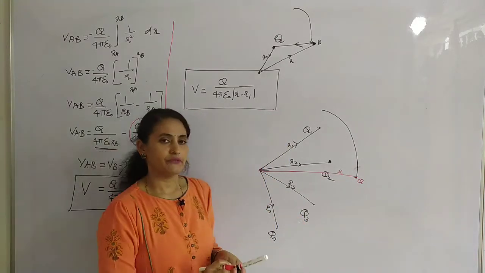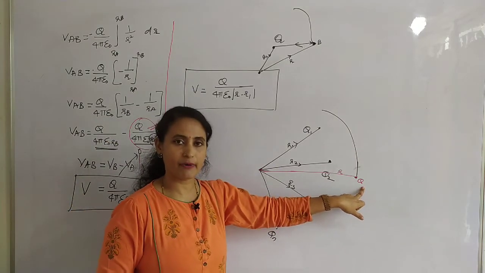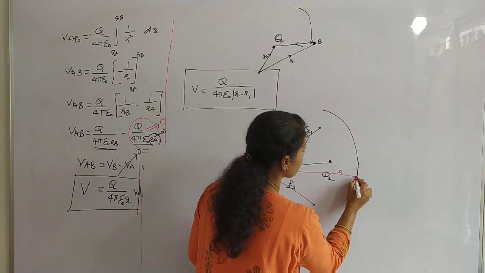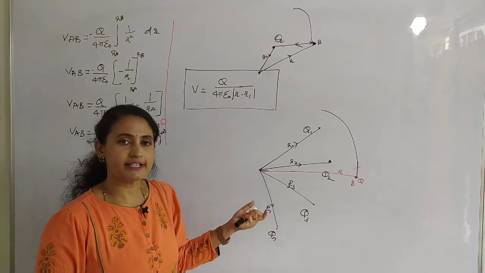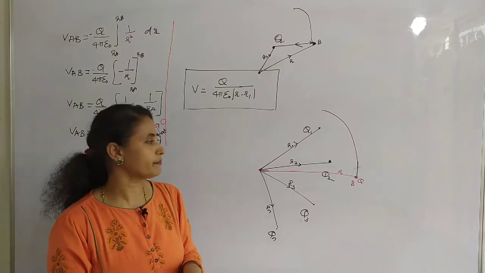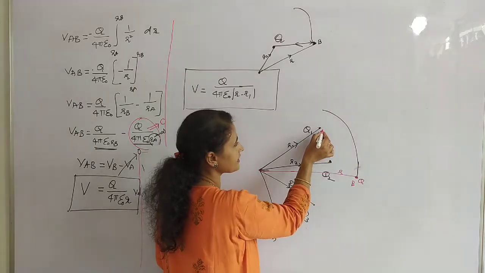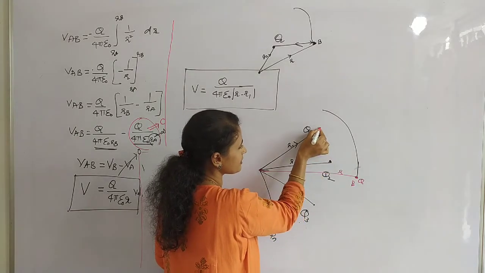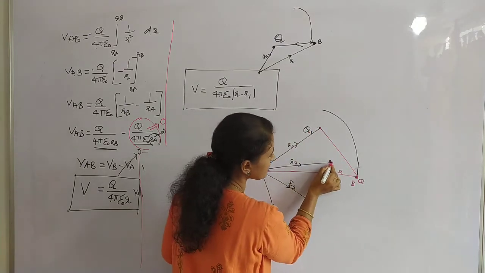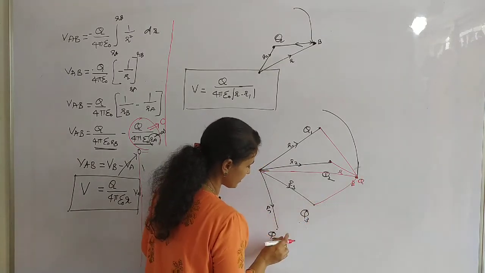What we have to find out is the resultant electric potential at point P, the potential in which the electric field has been created because of multiple charges. Each of these is a resultant distance from the charges Q1, Q2 and so on to the point.